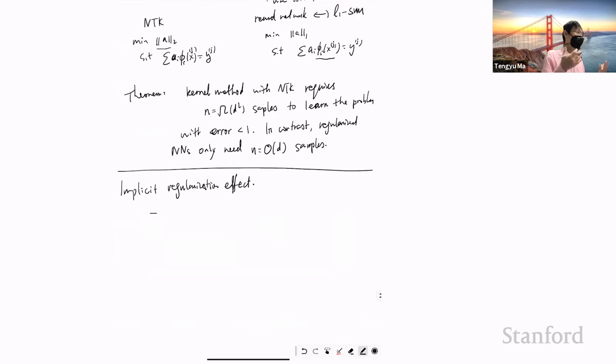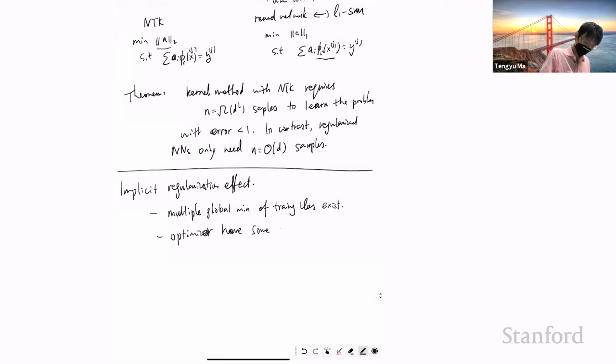The observation we had about empirical deep learning is that there are multiple global minima of the training loss, and the optimizers have some implicit preferences.